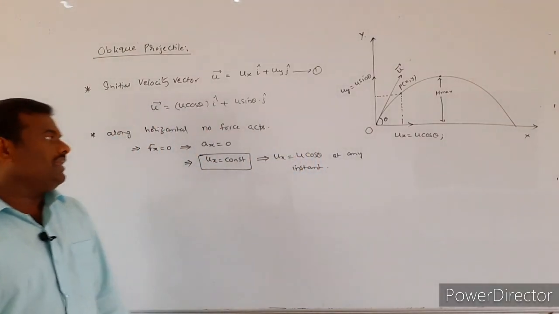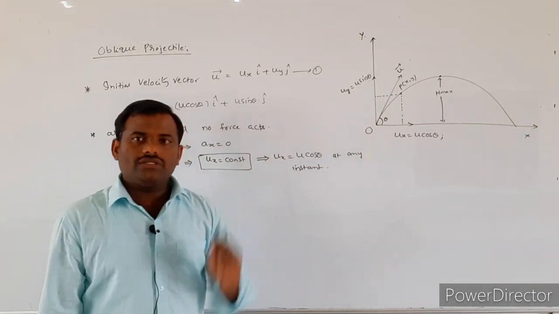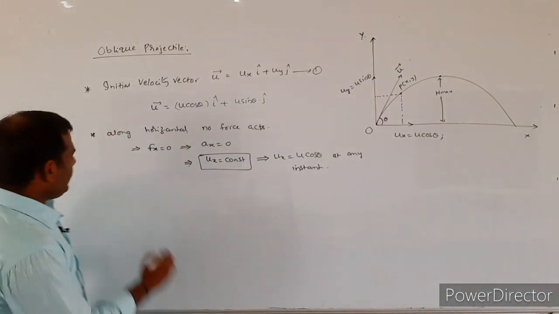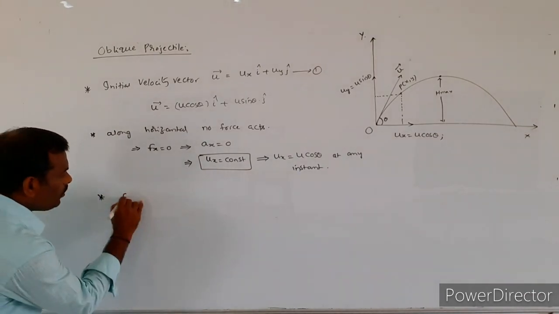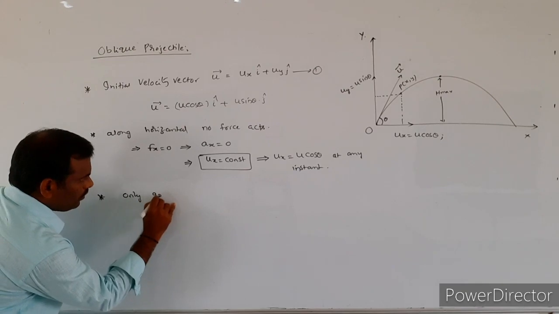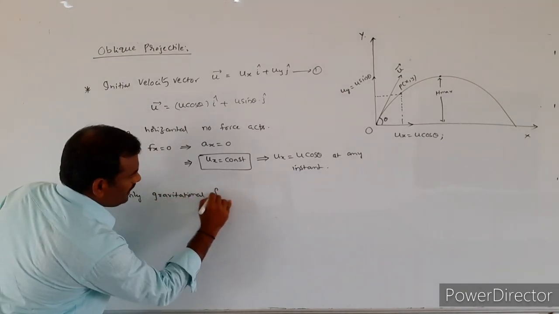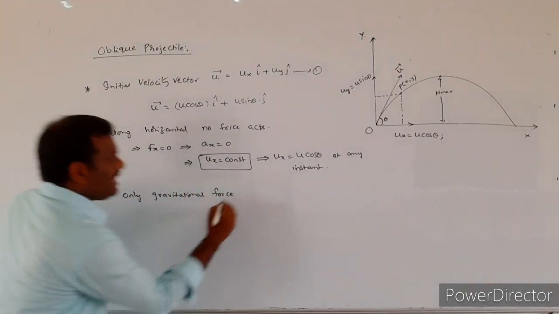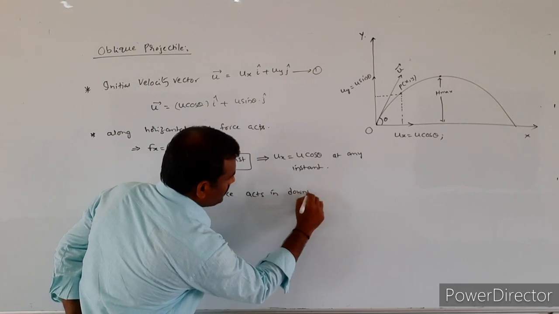So this is the meaning of no force acting in the horizontal direction. Okay. Next, which force is acting over the projectile? Only gravitational force, which acts in the downward direction.